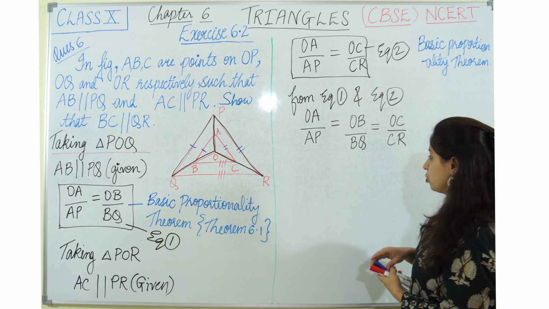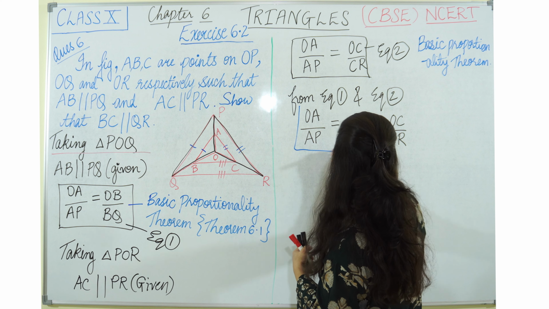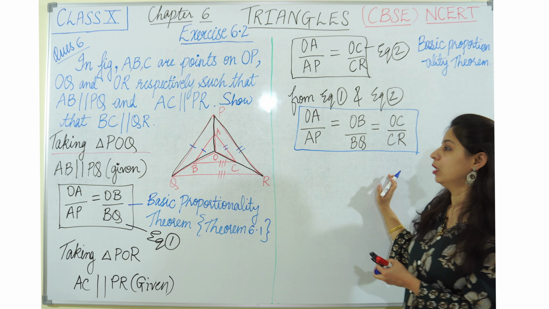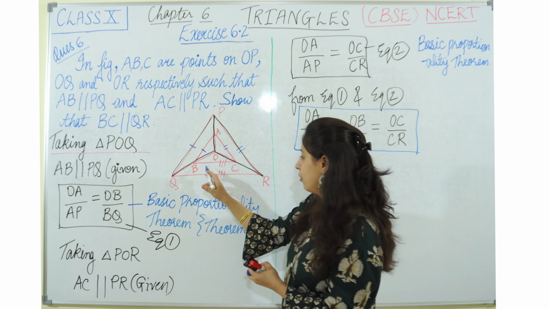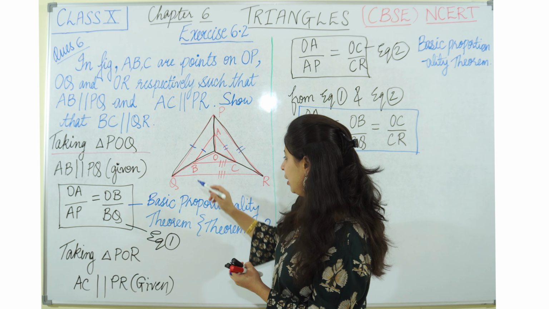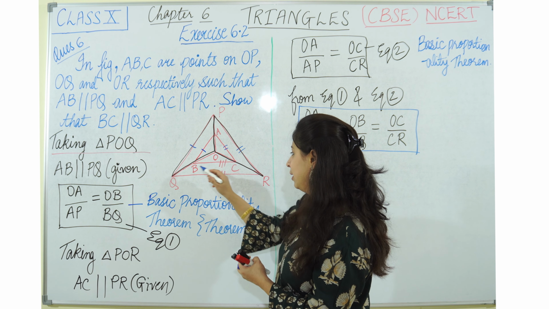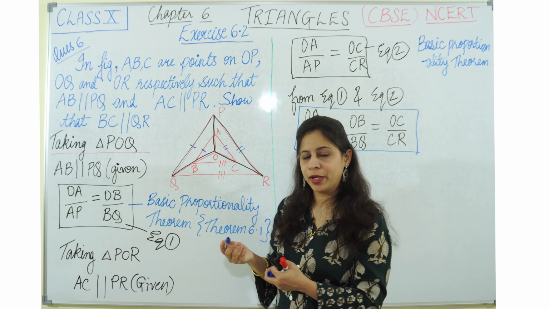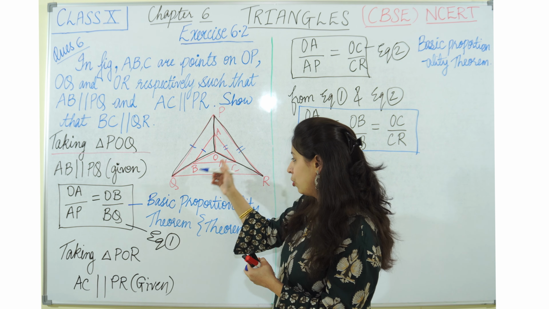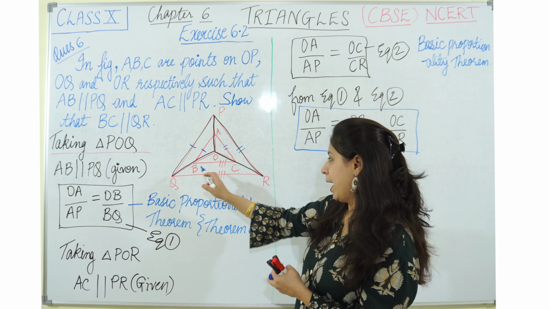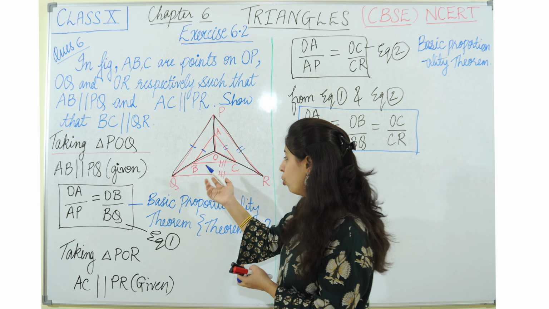From equation 1 and equation 2, it is clear that all three are equal. Now, in order to have BC parallel to QR, we can say that OB upon BQ is equal to OC upon CR, and B and C are points that lie on the sides of the triangle OQR, so from the converse of the basic proportionality theorem we can easily say BC is parallel to QR.